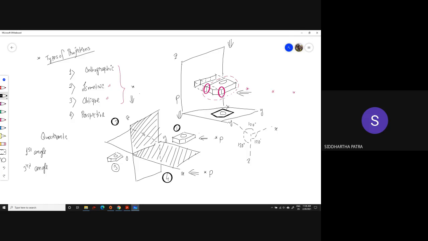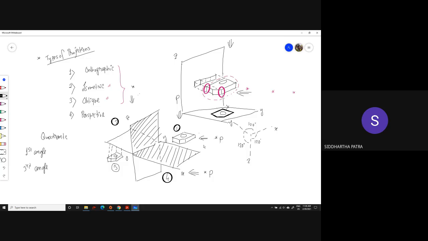Instead, the screen is between the object and the observer. In this case, the screen is assumed to be transparent. Whatever we see from the top of the object would be projected back to the screen.